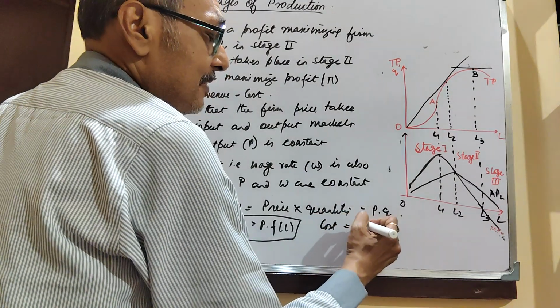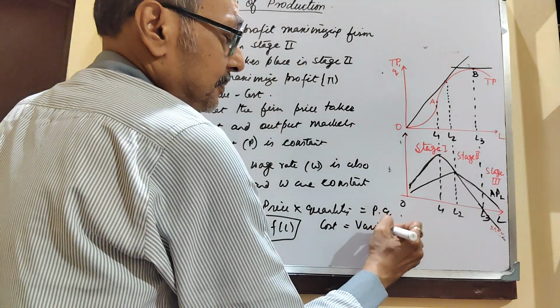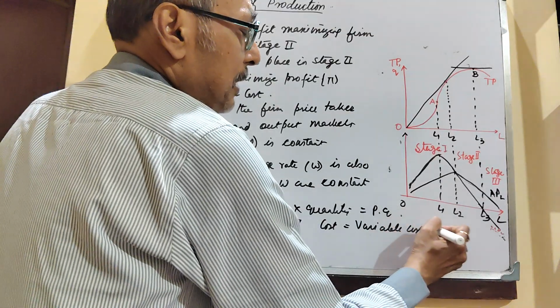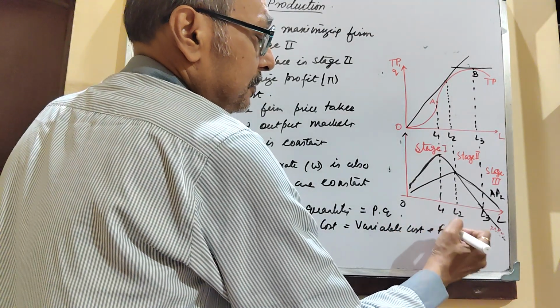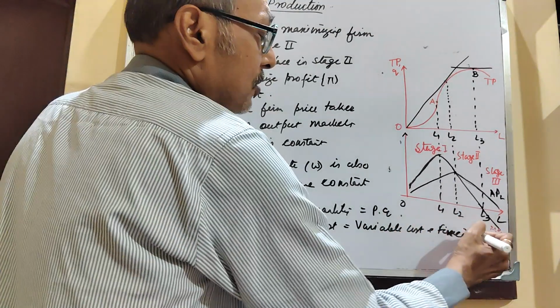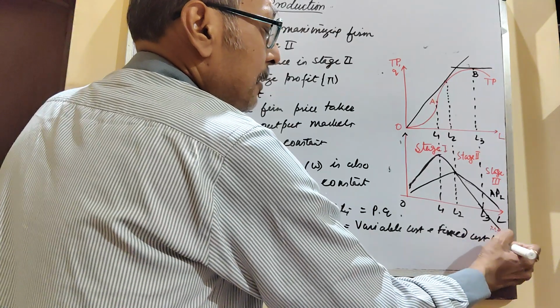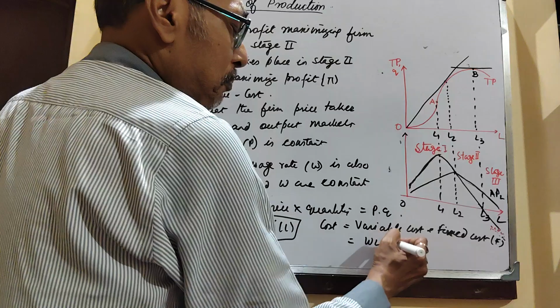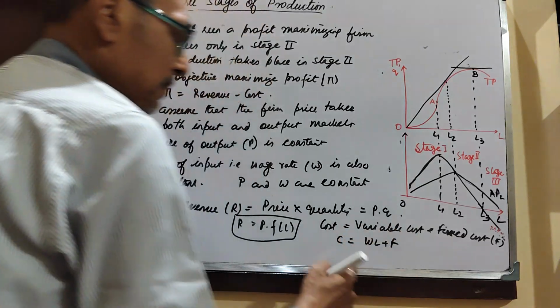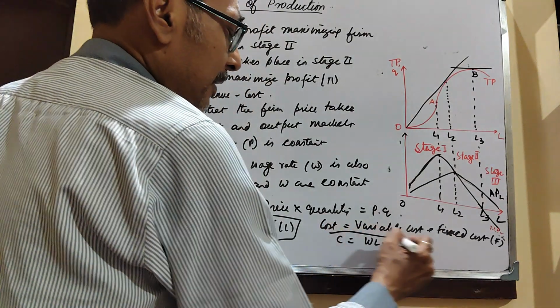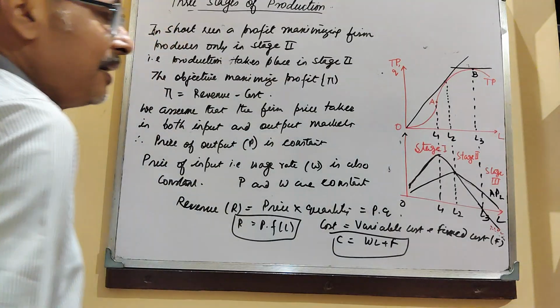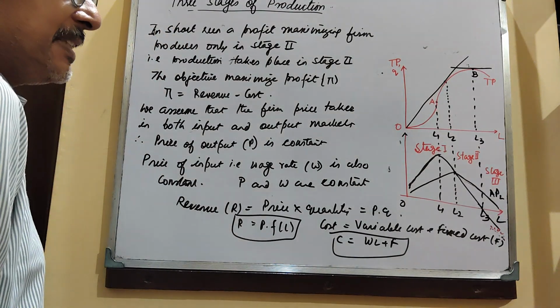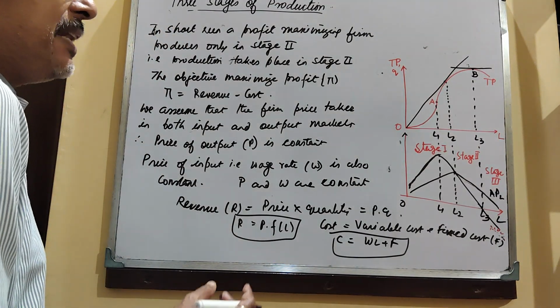Cost is variable cost plus fixed cost. Fixed cost is denoted by F. Variable cost is W into L, the labor cost, that is the total payment to the labor.